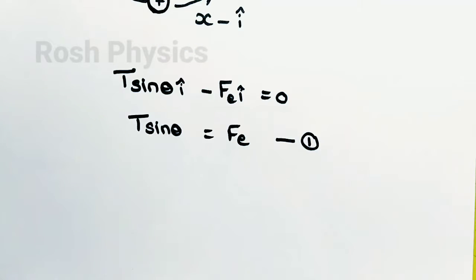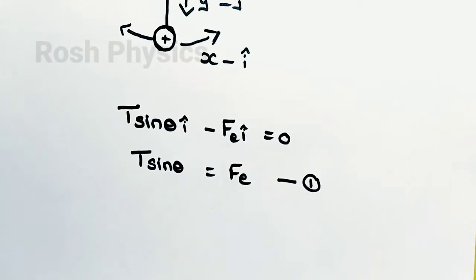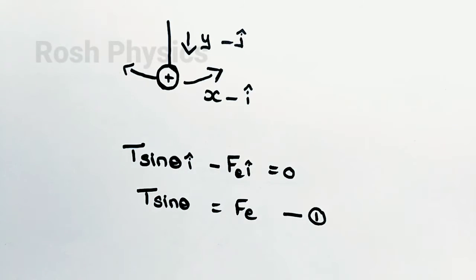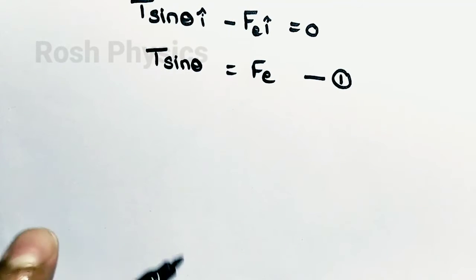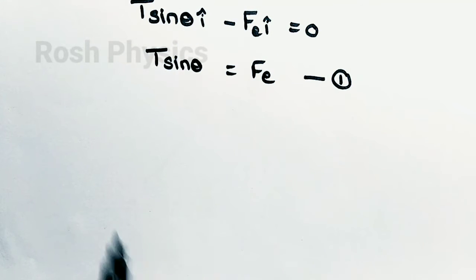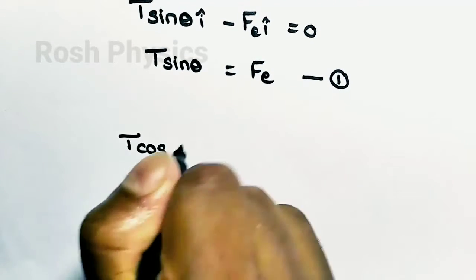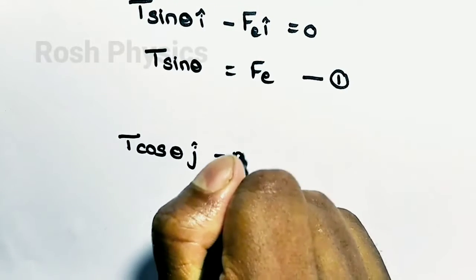Coming to the y direction. As the string is tied, the sphere can't get down, so in the y direction the net acceleration is also 0. It may be represented as T cos theta in j vector minus mg.